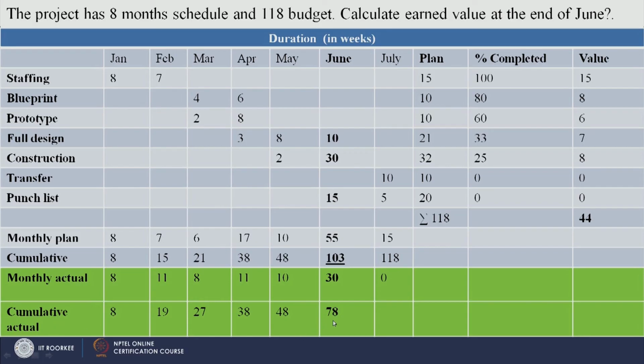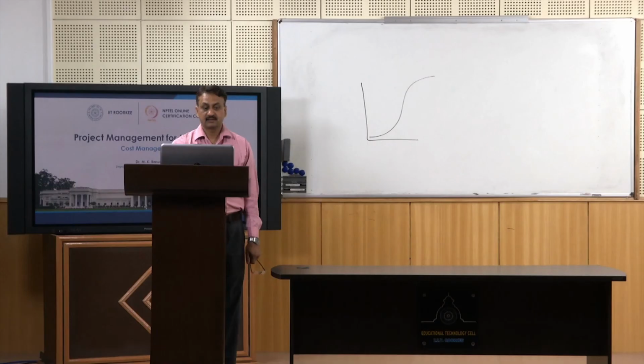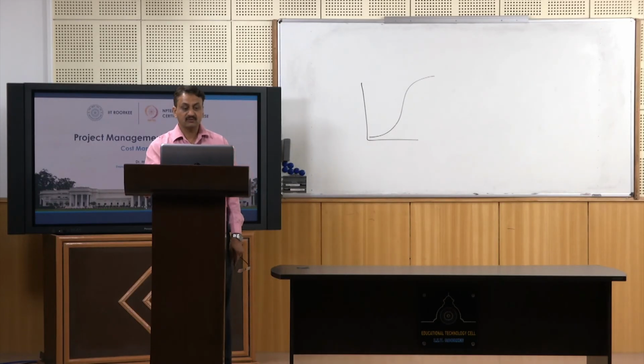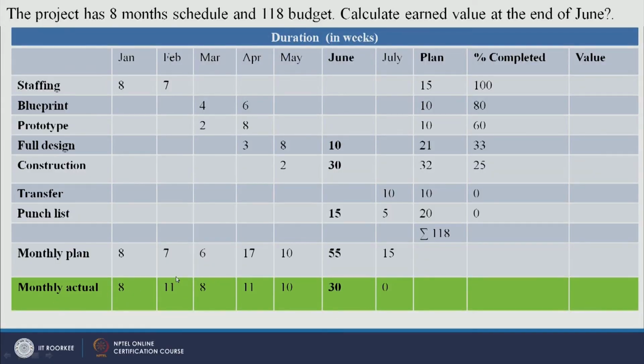So, you have got 3 sets of information: you have got earned value 44, you have got planned value 118 and you have got cumulative actual, right. In fact, these two things are given to you, monthly plan and monthly actual, right. So, in the next slide we have calculated cumulative, right.